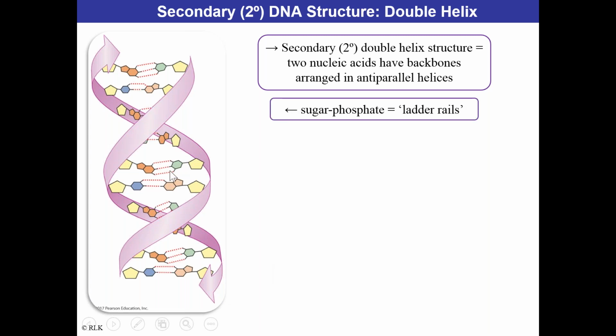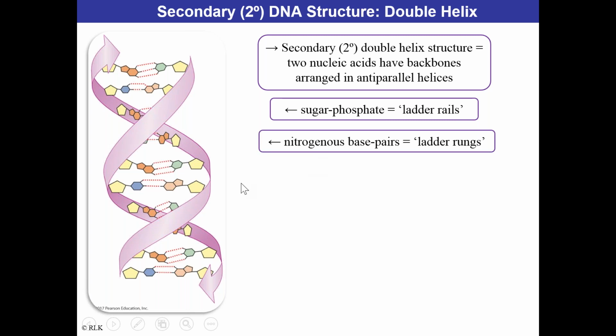The sugar phosphate is going to give you the ladder rails. So all that nice flat pink ribbon that you see is basically the sugar phosphate groups. We just smoothed that out and said the sugar and the phosphate groups aren't going to change. That's the ladder rails. The stuff that is going to change and is of primary interest here are the so-called ladder rungs, where the hydrogen bonding pulls together different nitrogenous bases, forming a pair, because there can only be certain combinations of these bases that can work.